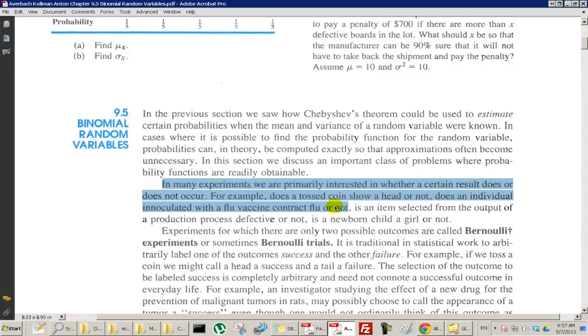So we'll call one of the states success and the other state failure, sick or not sick, and so on. Or is an item selected from the output of a production process defective or not? Again, defective might be called success, or it might be called failure, and the other case would be called just the opposite. Or is it a girl or not? Again, the same idea.